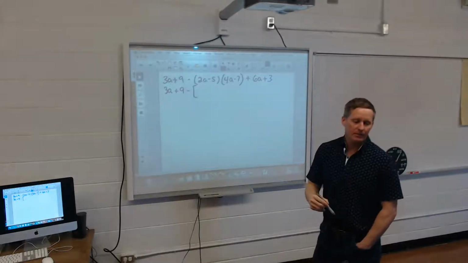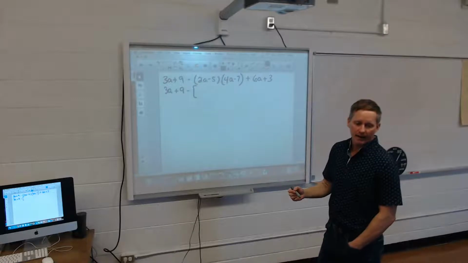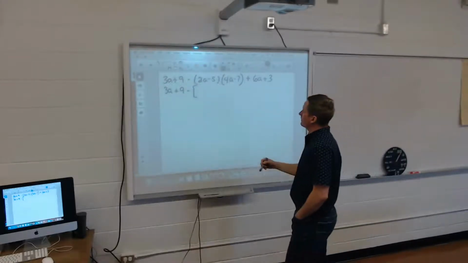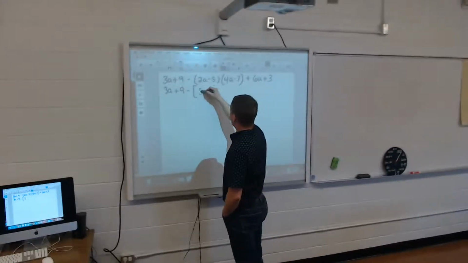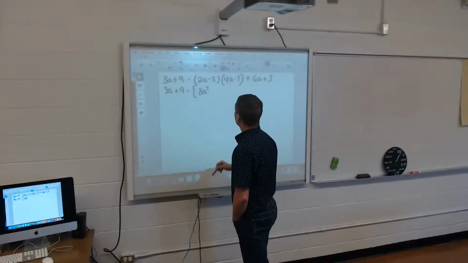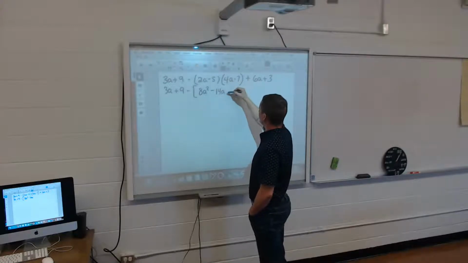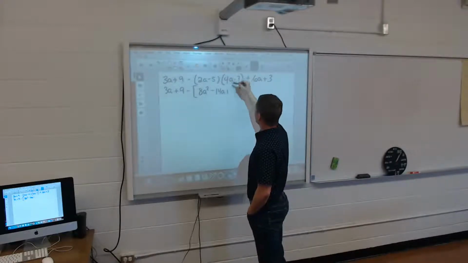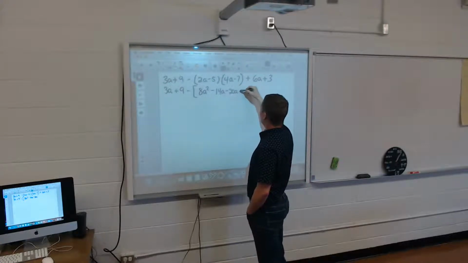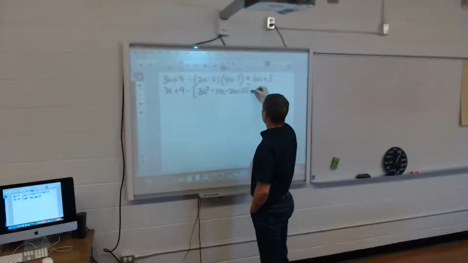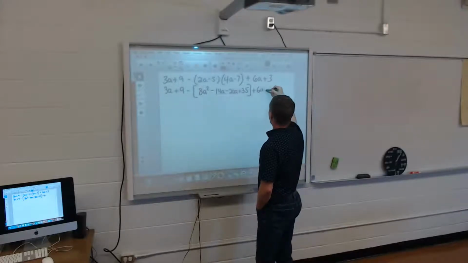I have to remember to distribute that negative through the brackets, so we've got to make sure that we're doing that correctly. So 2a times 4a is 8a squared. 2a times negative 7 is minus 14a. Minus 5 times 4a is minus 20a. And then add 35, plus 6a, add 3.